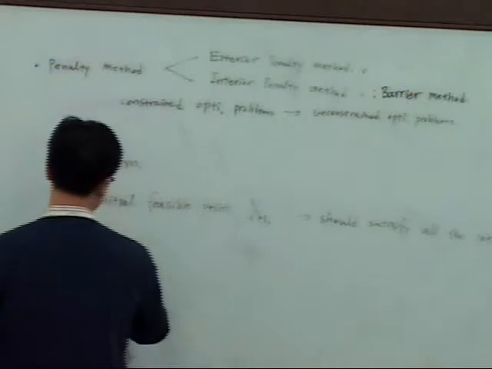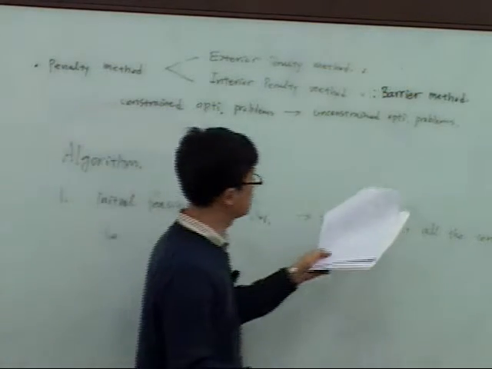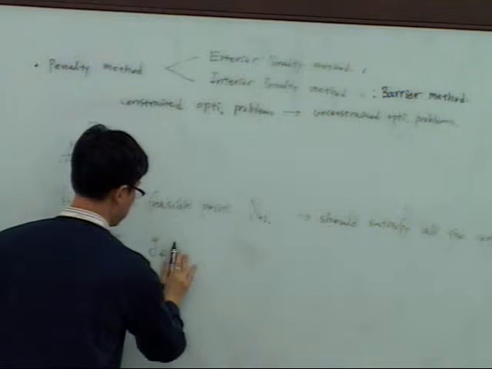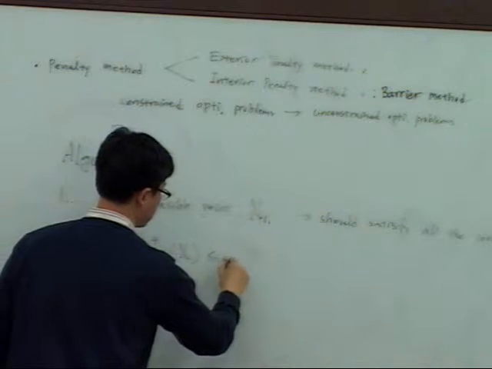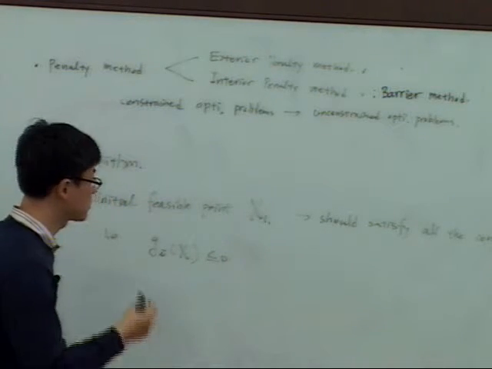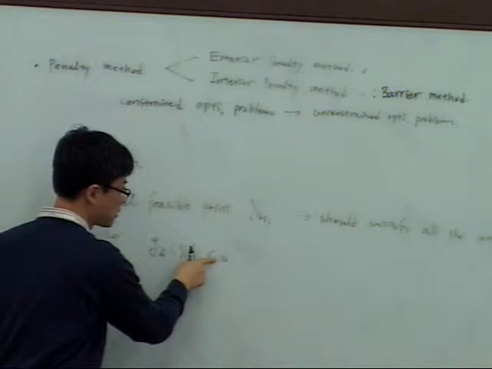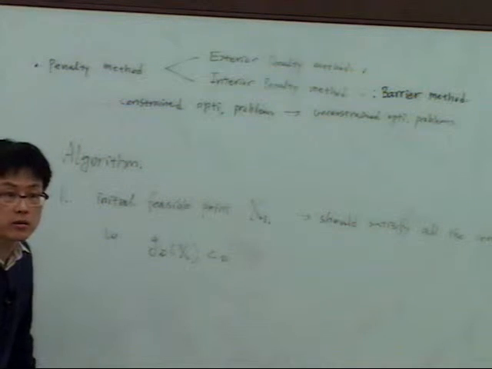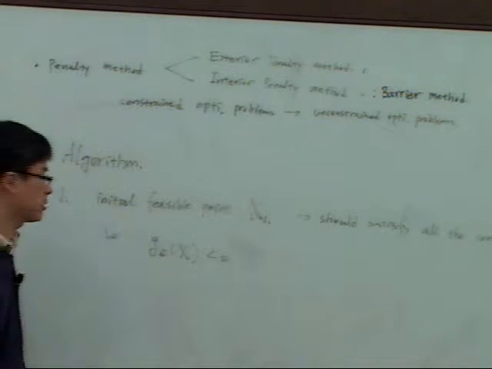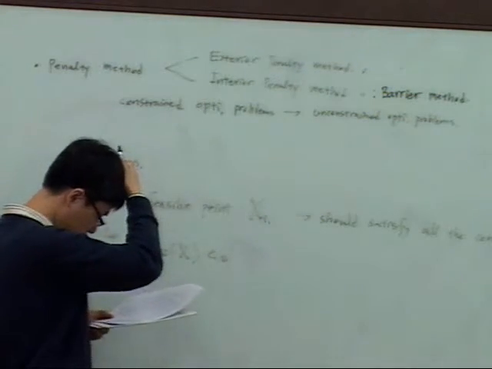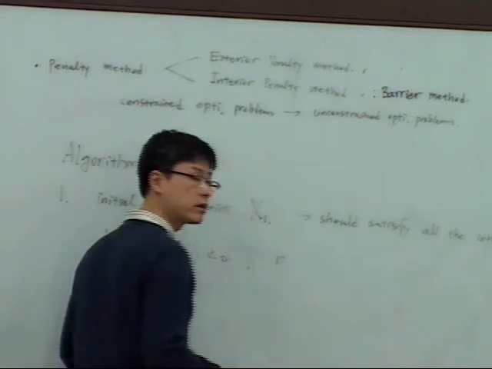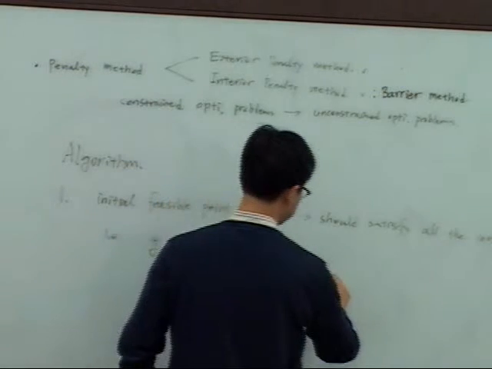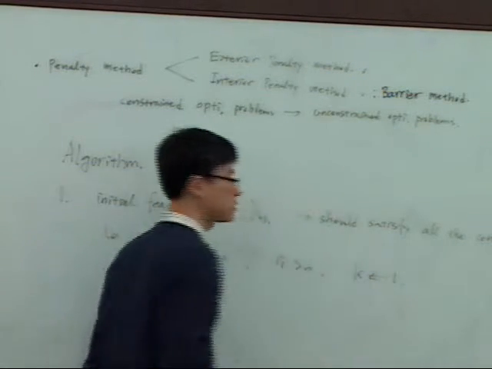In other words, even though the problem form says this is our inequality constraint, for this initial feasible point it should be strict. Because if it's equal to 0, then we cannot make a phi. And we randomly take R1, a positive value, a 1 or something, and let's set K, our step number, equal to 1.